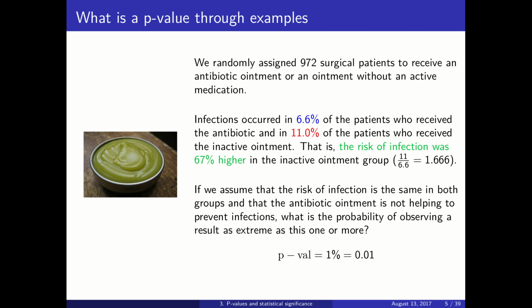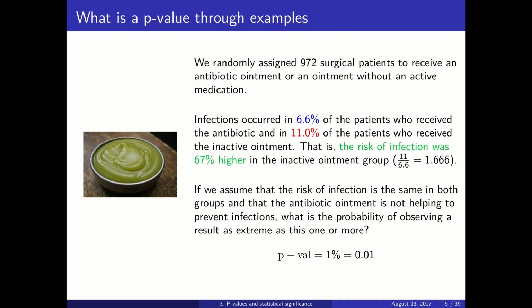We split them in two halves, and in one of the groups we apply the antibiotic ointment on the wound, and on the other one we apply an ointment that is almost the same except for the antibiotic. Then we observe 6.6% of infections in the first group, the one with antibiotic, and 11% of infections in the second group, the one without antibiotic.